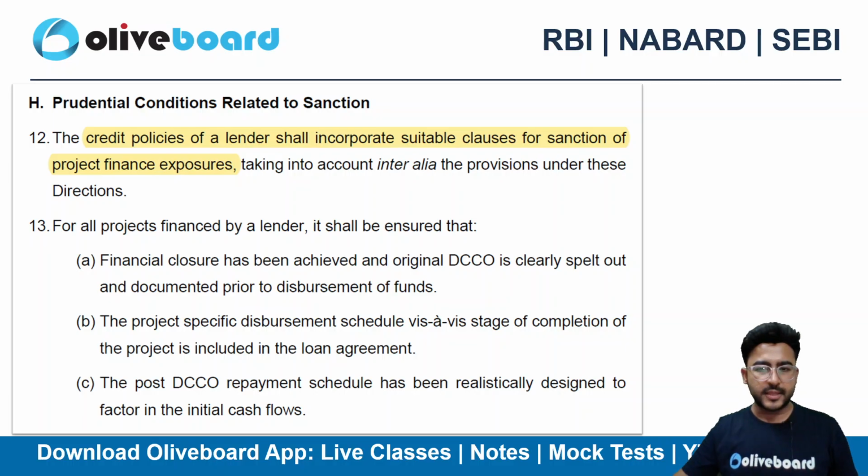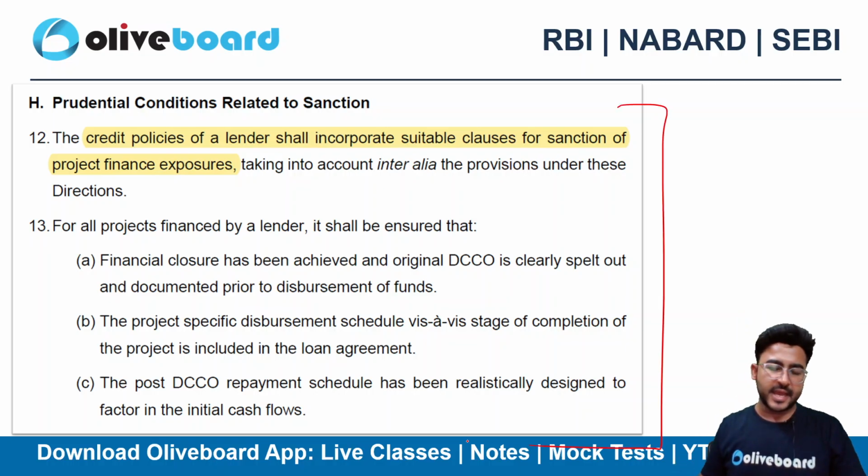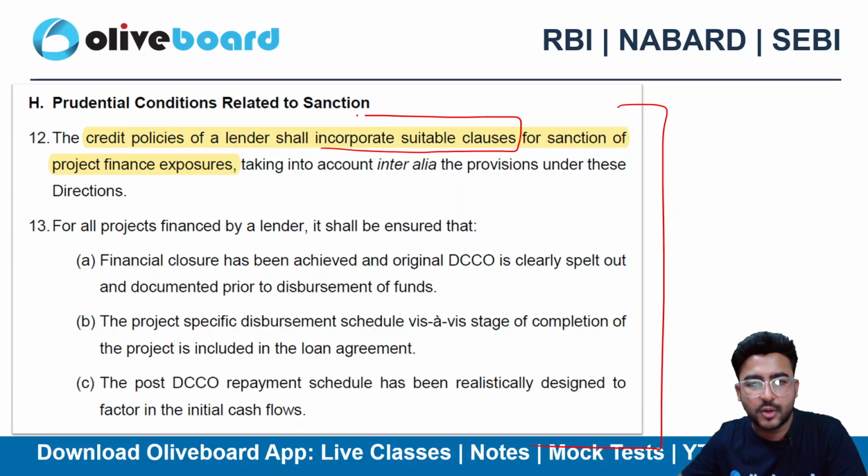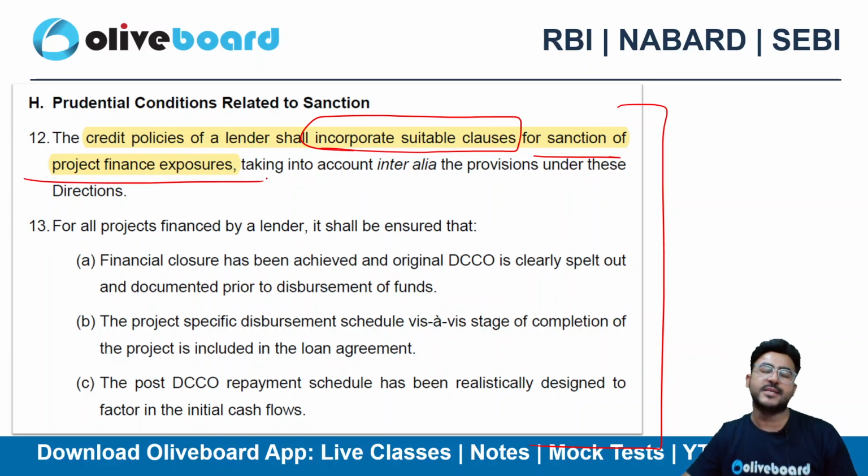Prudential conditions. So all the conditions here are mentioned that I have summarized it for you. You can have a look at the circular as well later on, right? So credit policies of the lender shall incorporate suitable clauses here for sanction of project finance exposure.